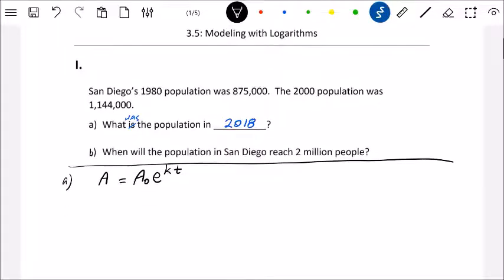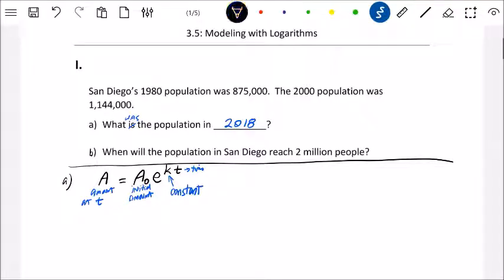So this A is the amount at a certain time frame at t, and of course that's time. This A0 is the initial amount. And the k is a constant. It's a constant that's just for this situation.